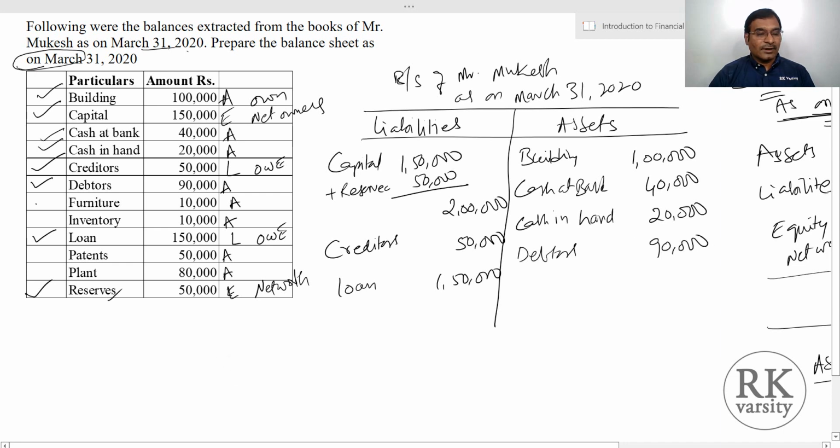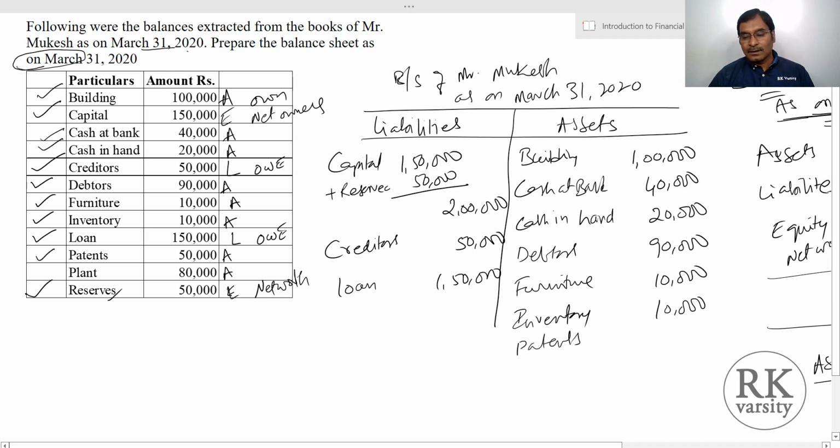Then furniture 10,000. Then inventory 10,000. Then patents 50,000. Then plant is 80,000.